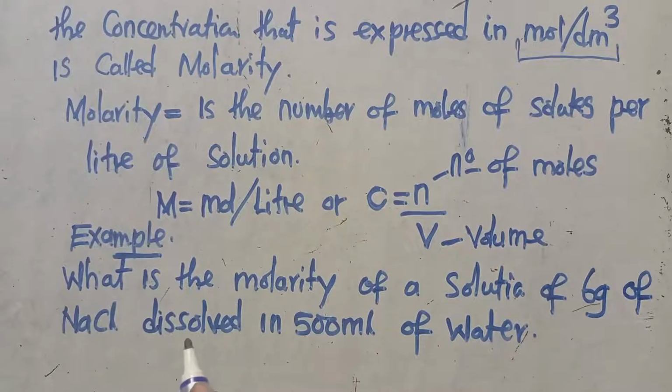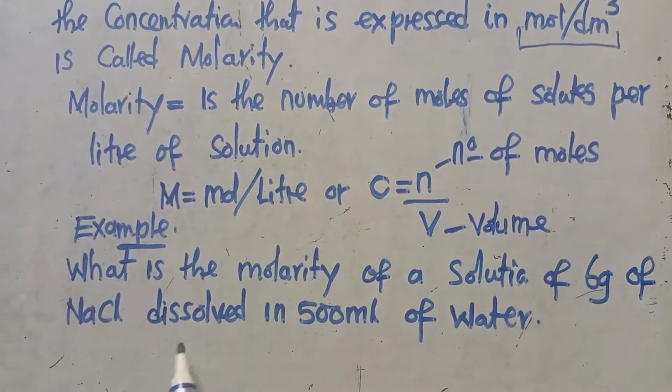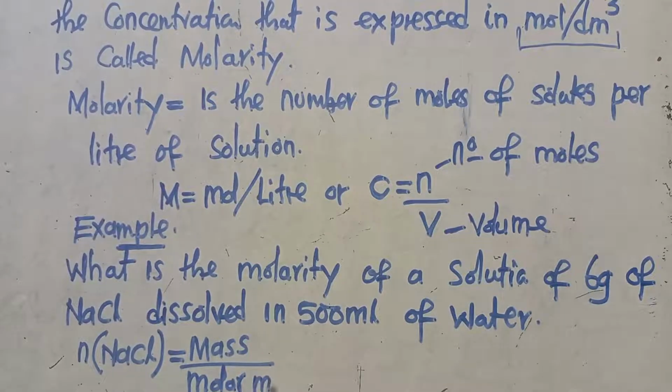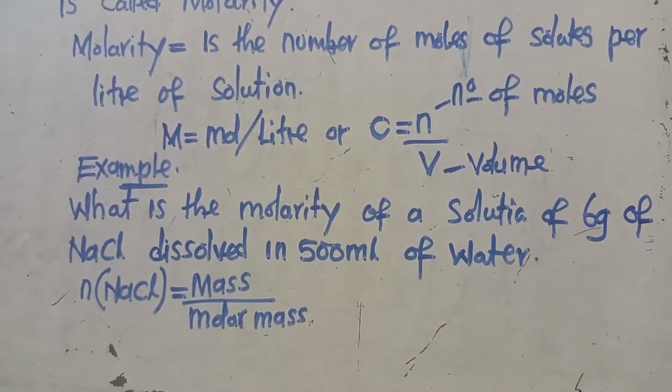The number of moles of sodium chloride is equal to mass over molar mass. These are things that we already know.